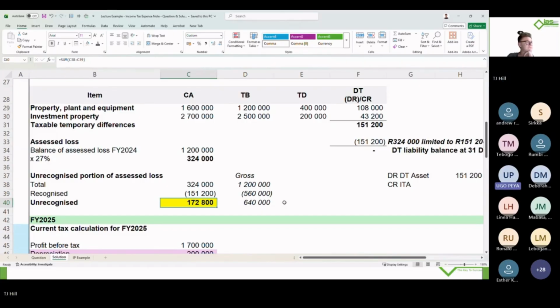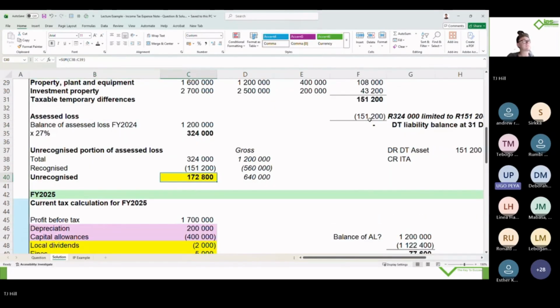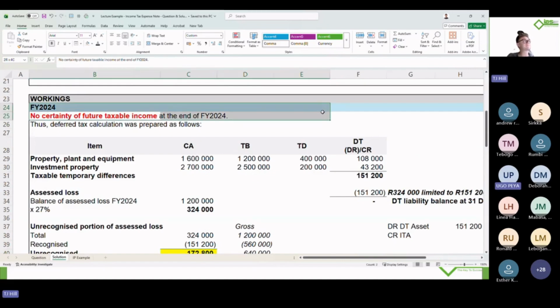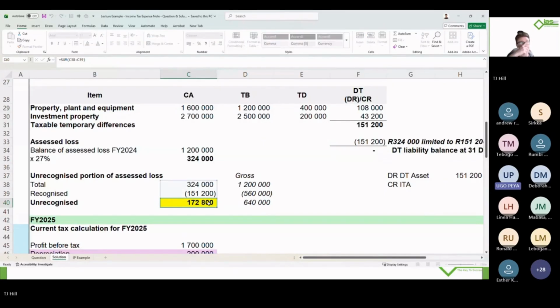I'm just trying to get the calculation right. So, we recognize it in the first year, but then it's limited because of the uncertainty. So that we have a little bit left over, the 172, right?